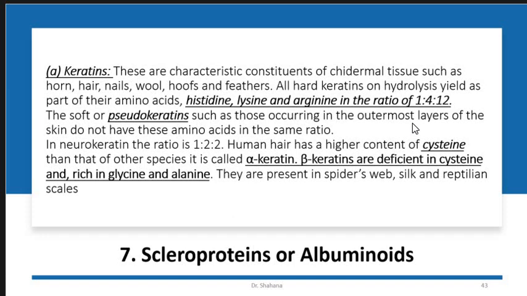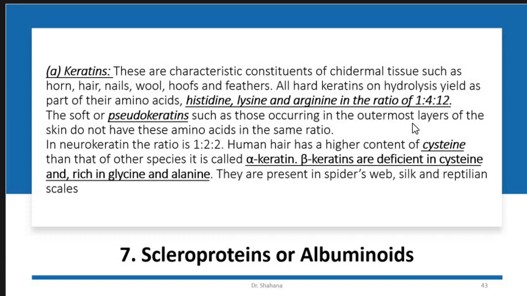The soft or pseudokeratins are mostly present in the outer layer of the skin. The ratio is somewhat different. In neurokeratin, the ratio is about 1:2:2. Even it is also present in the hair, while hair keratin contains high content of the cysteine.